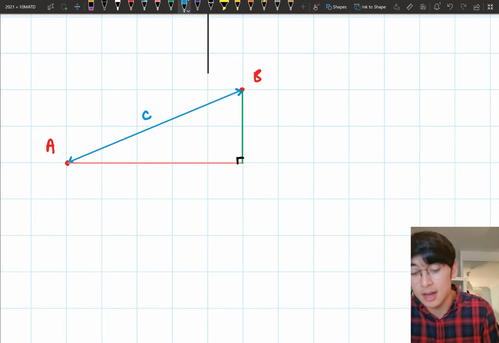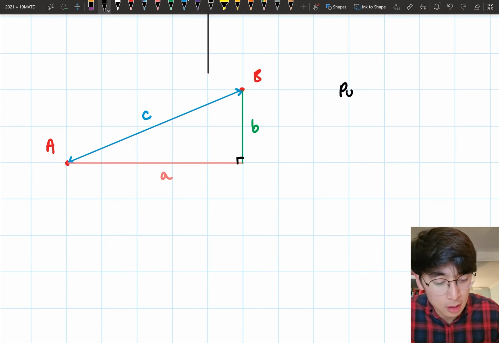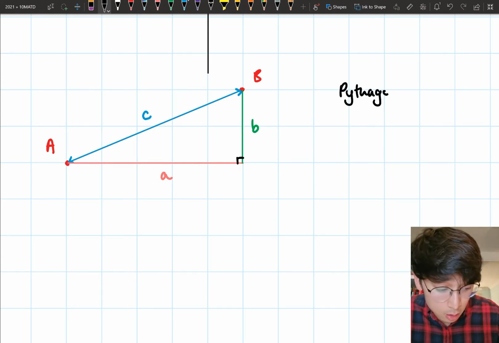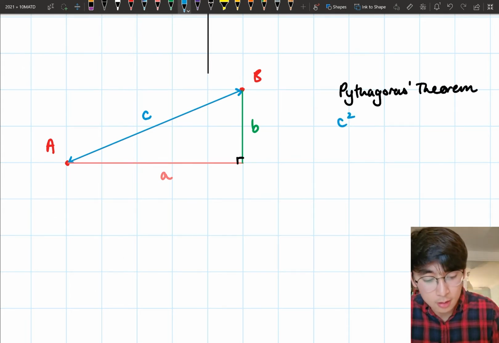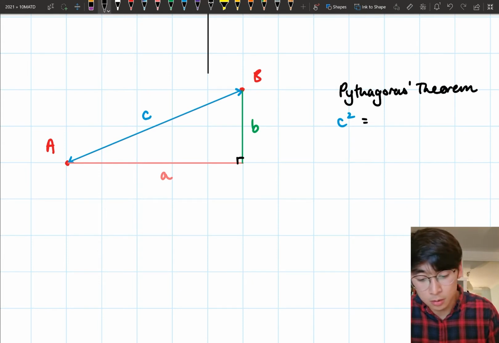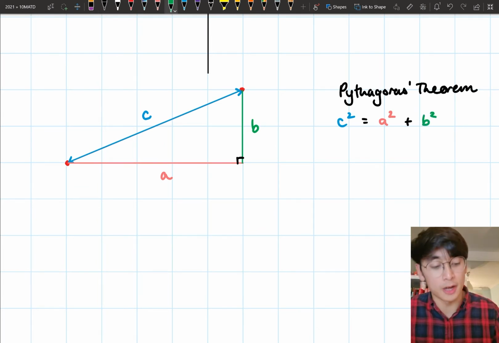So I'm going to call this side C, this side A, and this side B. And so Pythagoras' theorem tells us that C squared is equal to A squared plus B squared.